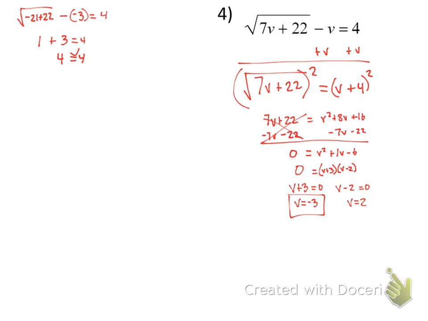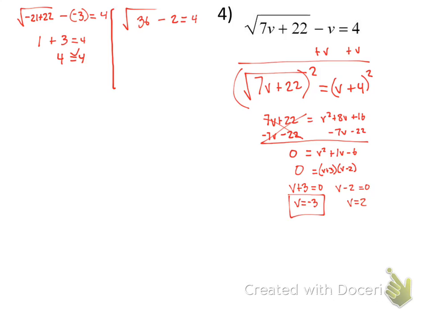Okay, and then we check the next one. So we got square root of 7 times 2 is 14, plus 22. 14 plus 22 is 36, minus v, this is minus 2, which is equal to 4.